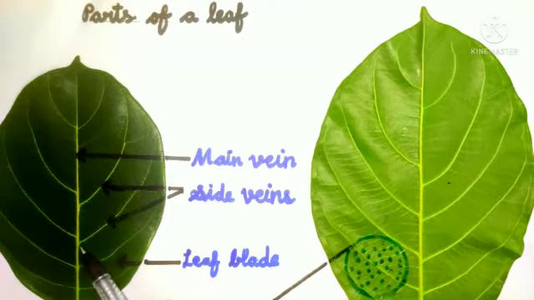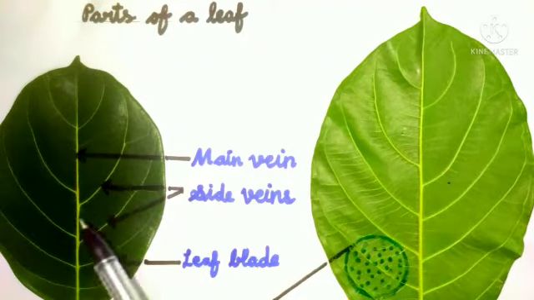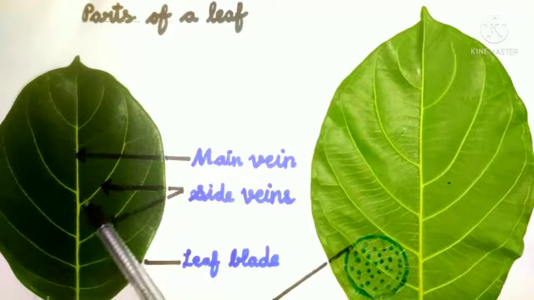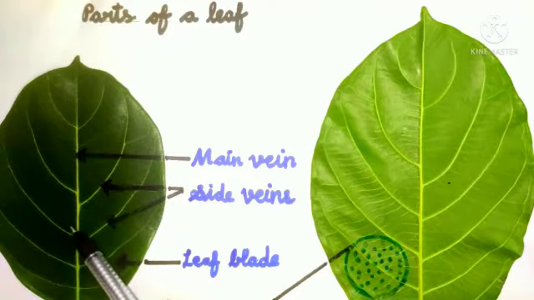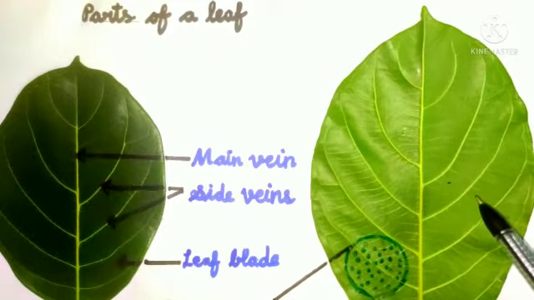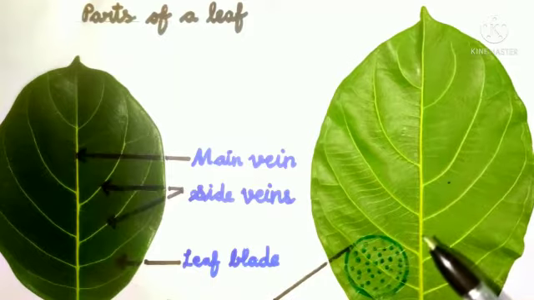The upper and the lower side of a leaf blade are slightly different in color, isn't it? Upper side is smooth and dark and lower side is rough and light, right?